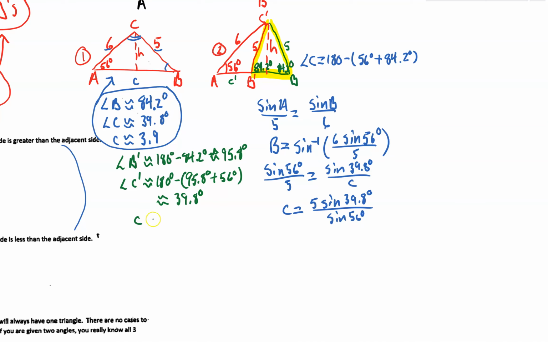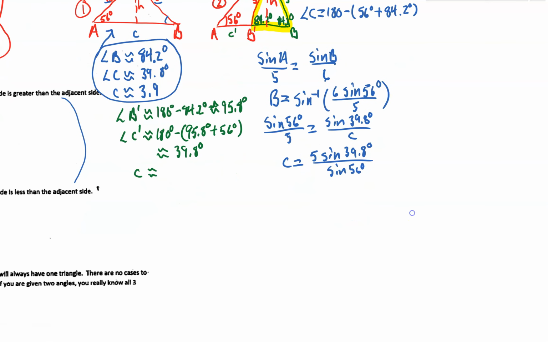Little c, how do I find little c? Well, I've now got sides and angles that I can use. I know that angle C up here is 39.8, and I already know A, and I know the side opposite A, so I can use the law of sines again.